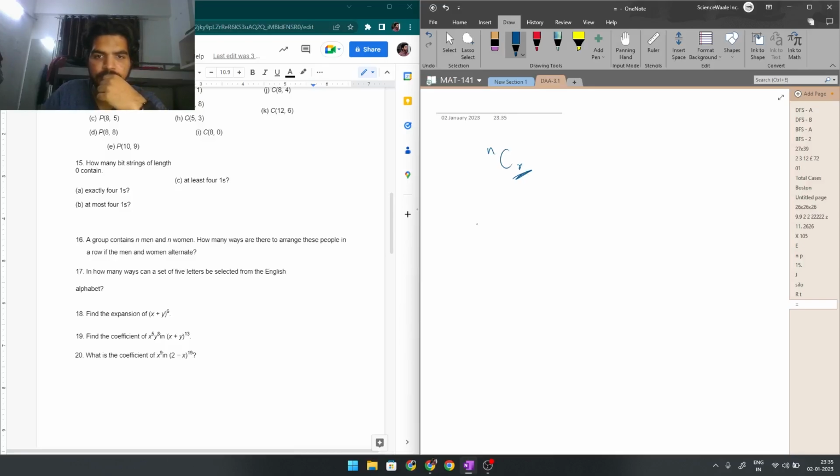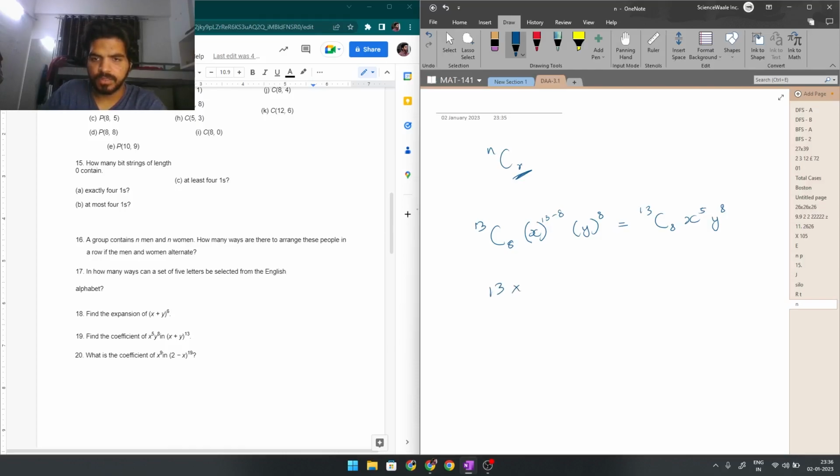So hence r is 8, n is 13. 13C8, and the term will be x to the power 13 minus 8 and y to the power 8. That will be equal to 13C8, x to the power 5, y to the power 8.